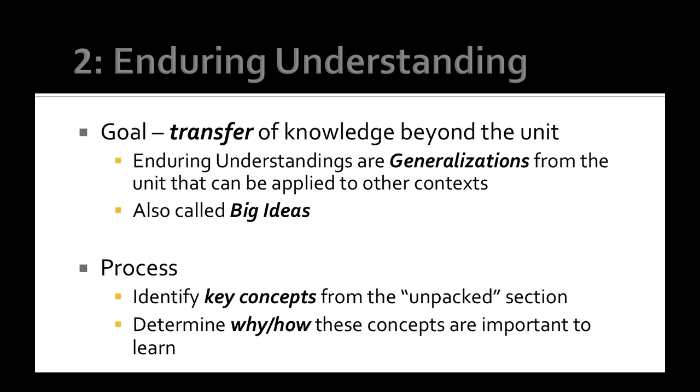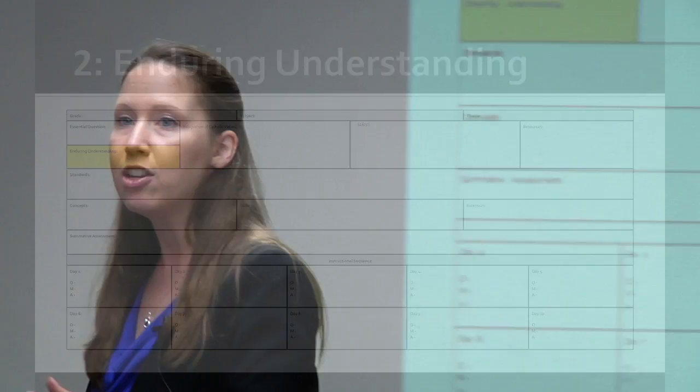If you look at your template, the enduring understanding is over here in the yellow box. It's not the top box with the essential question, it's the one right beneath it. I encourage you to take one minute and look at each of those four units and see different examples of what they said the enduring understanding is. Again, the big concepts from the unit, and then explaining why those concepts are important to learn.